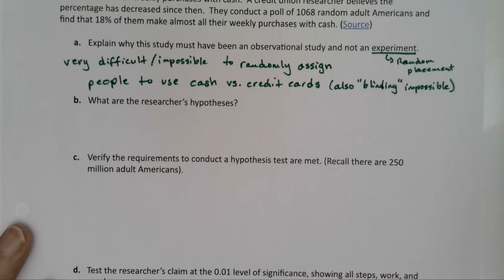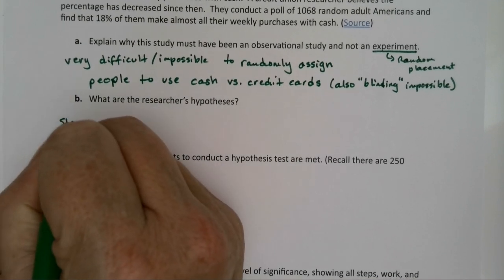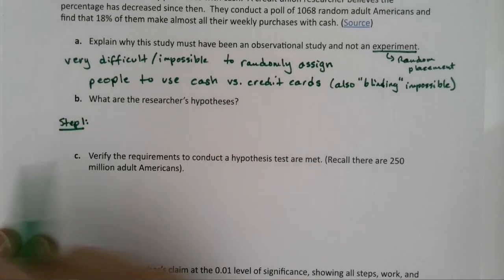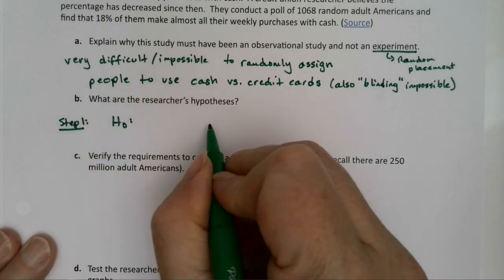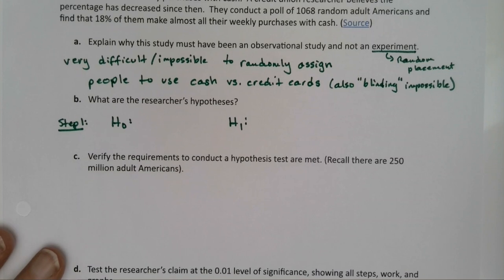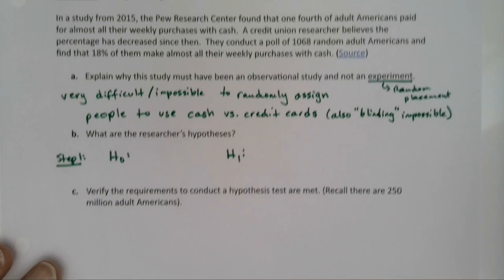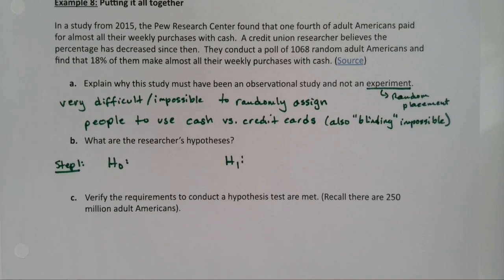Okay, so what are the researchers' hypotheses? So this would be our step 1 if we were looking at our steps, right? So step 1 would be H0 and H1. And I'm going to write them in symbols, of course. Okay, so H0 would be the value that we assume to be true unless we can prove it otherwise. Usually it's from the past in problems like these.